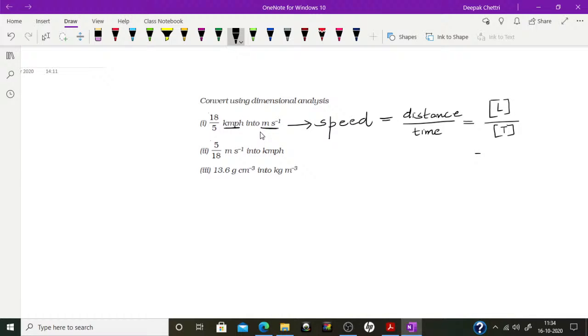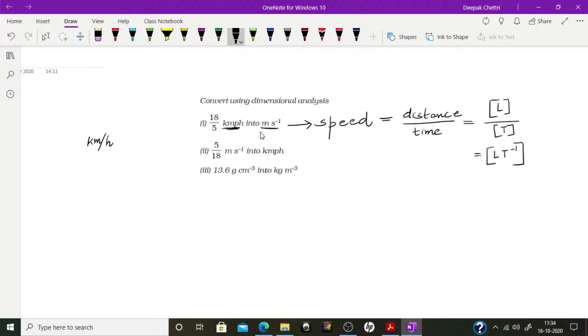So combining we can write L T minus 1. Okay, so this is the dimension of speed. So we will use this to convert from kilometer per hour, kmph, p stands for per, so it's like kilometer per hour. I can write it like this also, or I can write ph, per hour is the same thing, to meter per second.